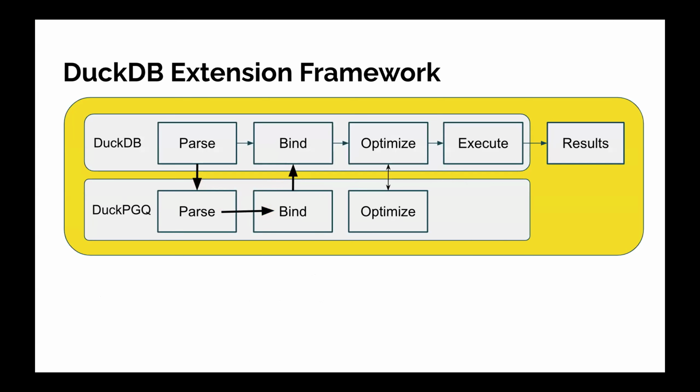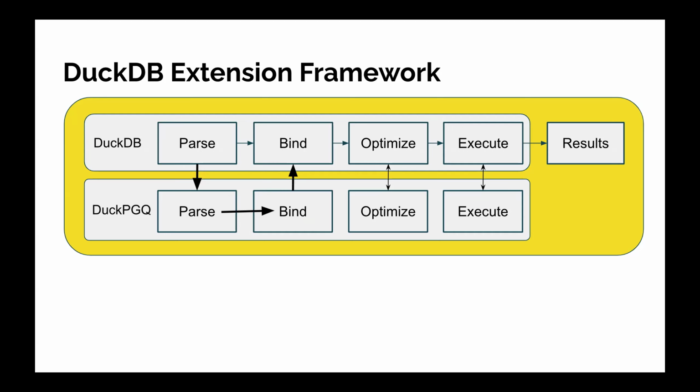So what do we actually do? Also in MotherDuck, but also in DuckPGQ, we are using the extensibility of DuckDB. Here you see a schema of how DuckDB internally executes queries. Queries go through 4 stages. First, they are parsed, which means that the SQL text is parsed into a so-called syntax tree.